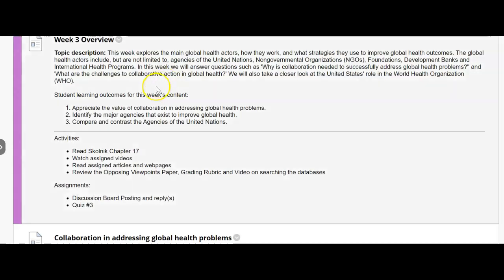So how we're going to meet the outcomes that I have listed here is, number one, by reading chapter 17. Now again, this textbook is really essential for you to be reading in an online course.